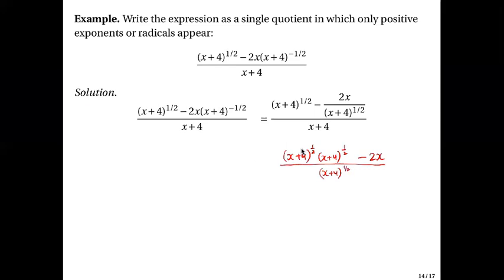That's your big numerator, and then all over x plus 4 on the big denominator.